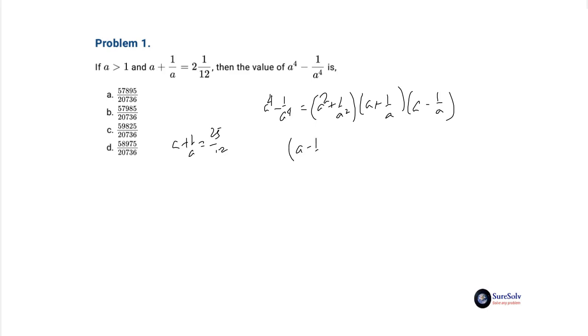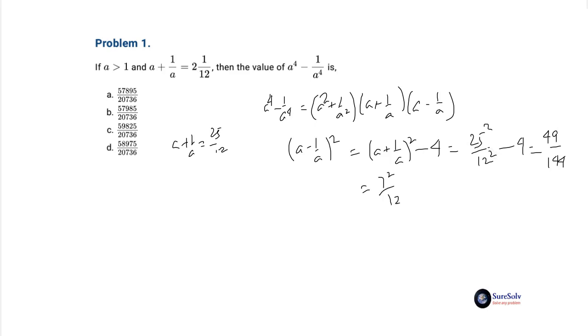A minus 1 by a whole square equals a plus 1 by a whole square minus 4, equals 25 square by 12 square minus 4, equals 49 by 144, which is 7 square by 12 square. As a is greater than 1, a minus 1 by a will be equal to 7 by 12.